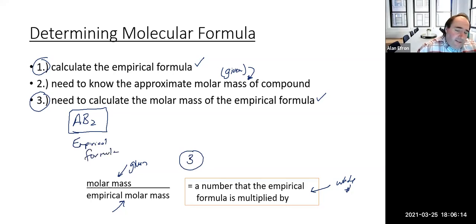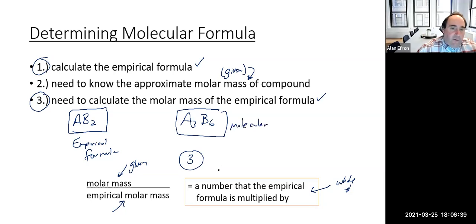What this 3 is telling you is that your molecular formula is 3 times as much of your empirical formula. You would multiply everybody in the empirical formula by 3. So A3B6 in this case would be our molecular formula.